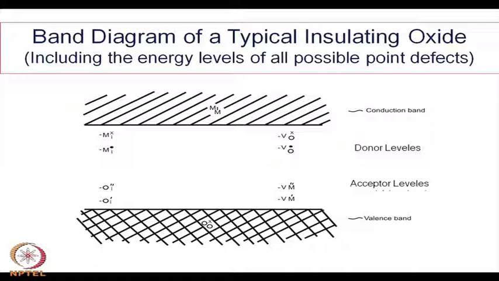Okay. So, they have their energy levels and they are within the band gap. So, they actually create energy states which can act as donor or acceptor levels. This is a very important difference from the normal semiconductor when we talk about oxides.